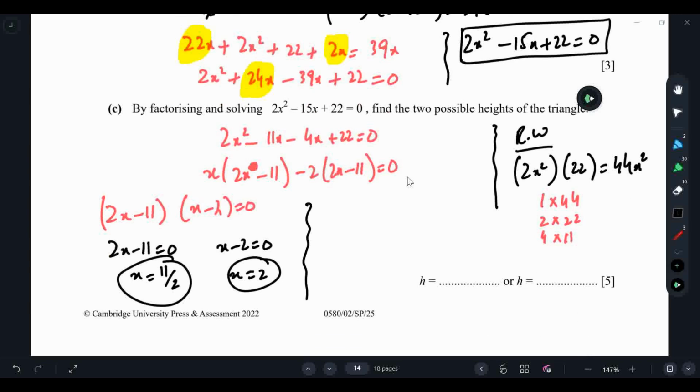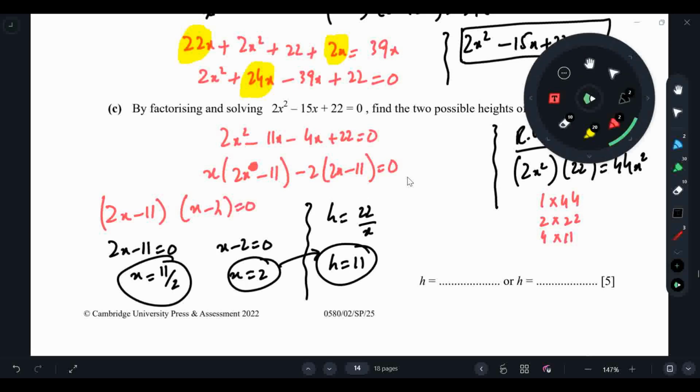So for x equal to 2, h is equal to 11, and for x equal to 11 by 2, height is equal to 22 divided by 11 by 2, which is 22 multiplied by 2 by 11. 11 ones are 11, 11 twos are 22, so 4.